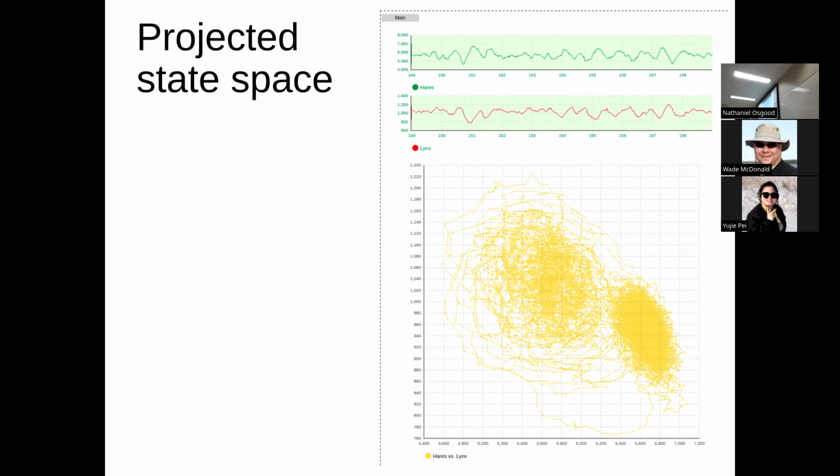There were these oscillations. The fact that hares were growing quickly would allow lynx to start multiplying more quickly. They could have larger litters, more of their young would survive, more of them would reproduce in the first place, would give birth, and that led to the lynx population growing.